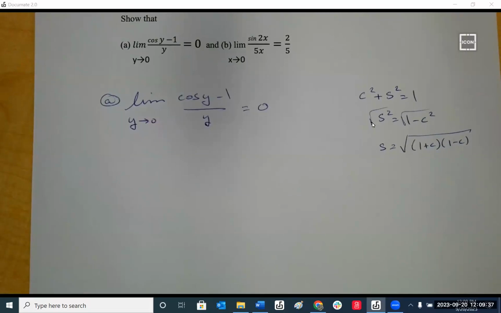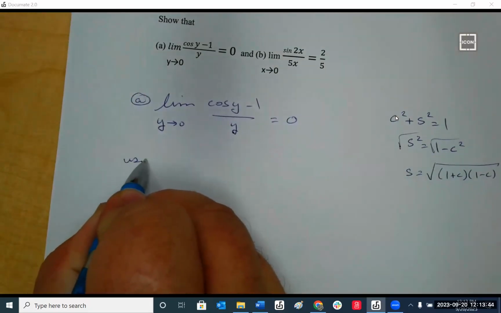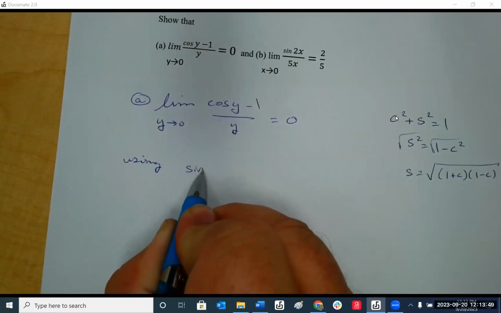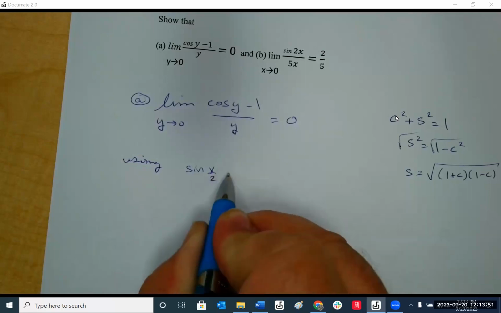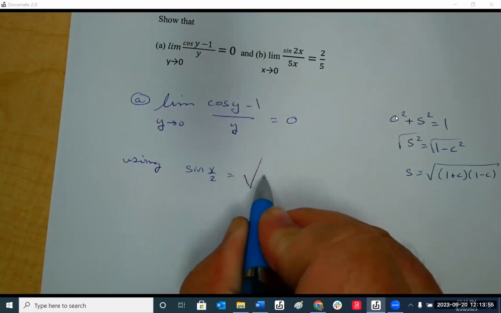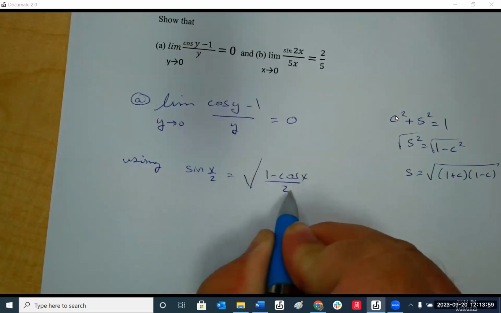What's this? Using sine x over 2 equals radical 1 minus cosine x over 2.